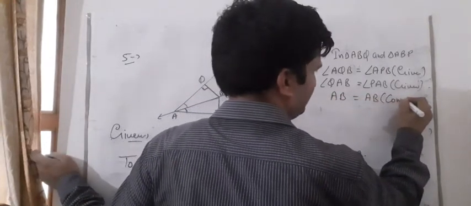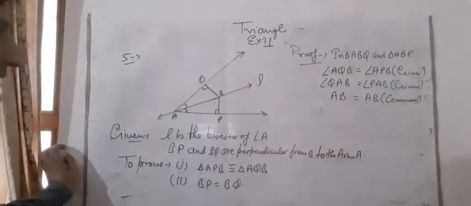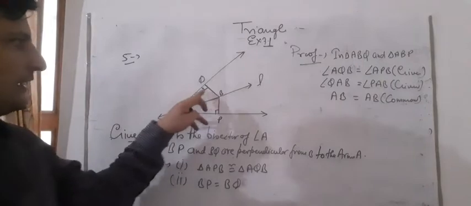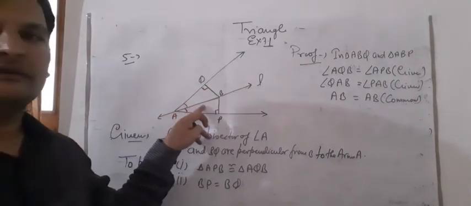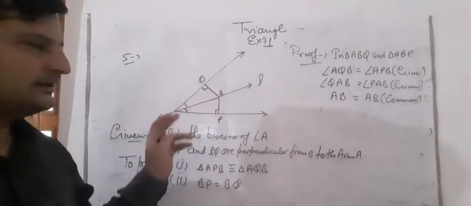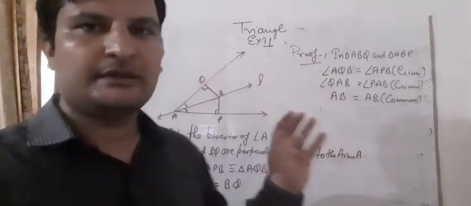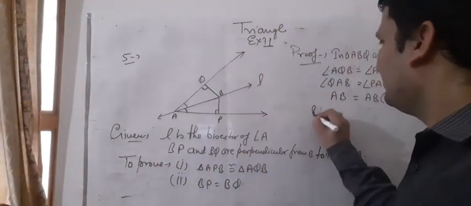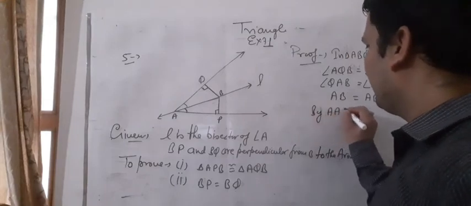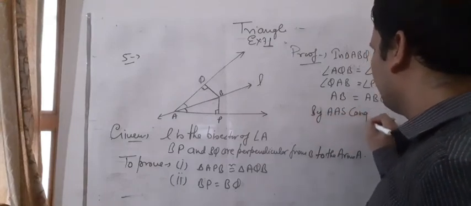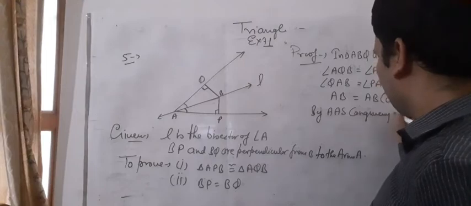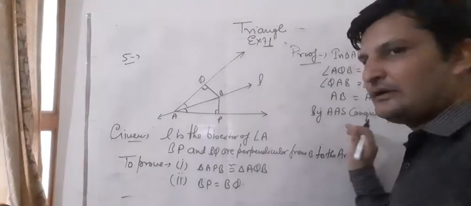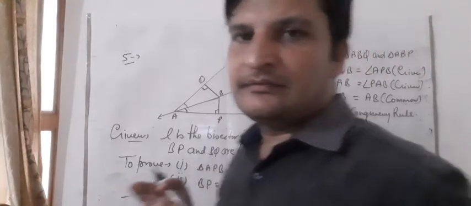It is common. So students, which property can we use here? We can use angle angle side, not angle side angle, because angle side angle needs two angles and the side between them, but here we can say that by angle angle side congruency rule. We have to write it, angle angle side.